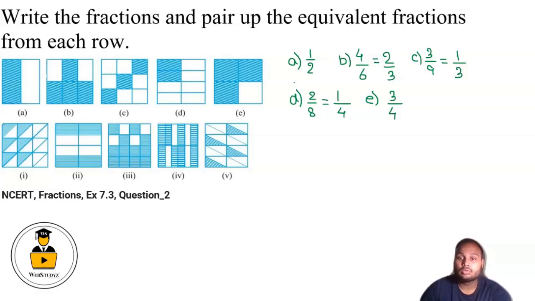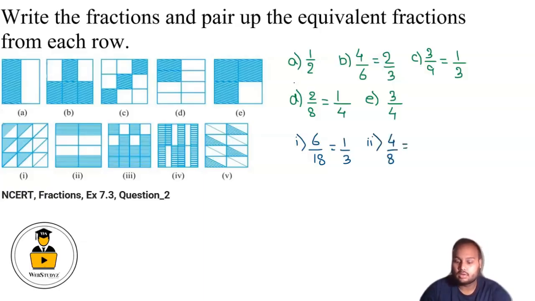Now coming to the second question, part number 1. In part number 1, we have a total of 18 parts if we count, out of which 6 are shaded. So it will be 6 by 18, which will be equal to 1 by 3. For the second one, we have a total of 8 parts, out of which 4 are shaded.